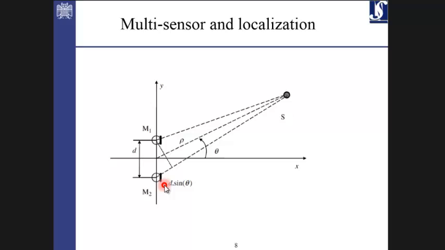So if we know the speed of wave propagation and we know this distance, we can easily calculate the time. So the time difference of arrival between these two microphones would be d times the sine of theta over the speed of sound. That's the time difference of arrival for these two microphones, and it depends on theta and d, which is the distance between the two microphones.